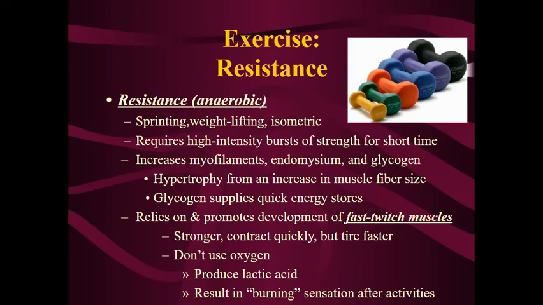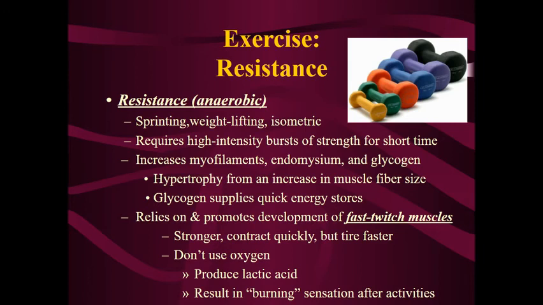And because of that, this does result in hypertrophy because the muscle fiber itself is going to increase in size. And if all the muscle fibers increase in size, you're going to have larger muscles. The glycogen supplies quick energy stores. This relies on and promotes development of fast twitch muscles.